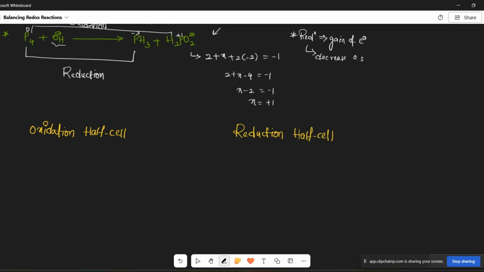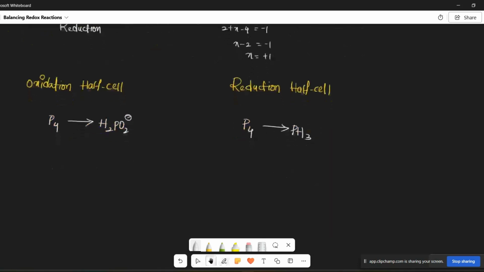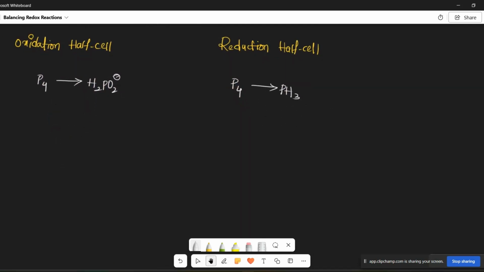Then you need to write each one separately. The oxidation half cell is P4 going to H2PO2 negative, and here the reduction half cell is P4 to PH3. So this is how you need to find out which is the oxidation half cell and which is the reduction half cell.